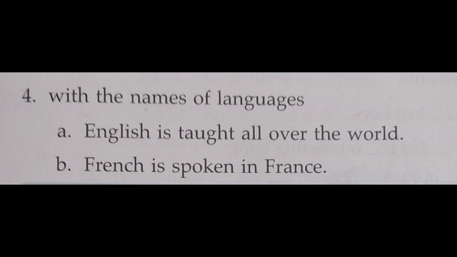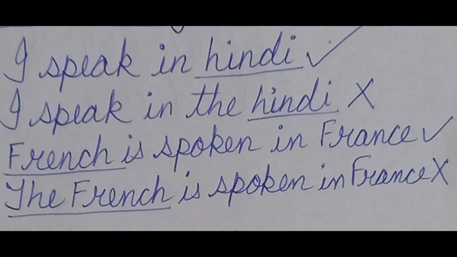Number four, article the is never used with the names of languages. Let us see some examples. I speak in Hindi. Next, French is spoken in France. Here, Hindi and French are both the names of languages.